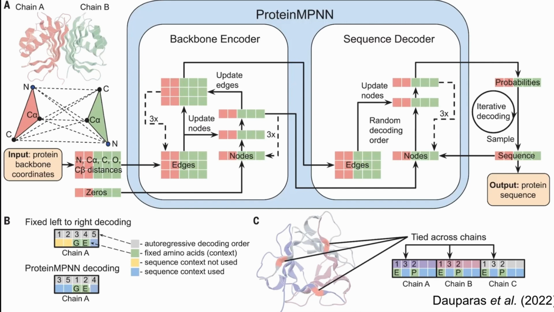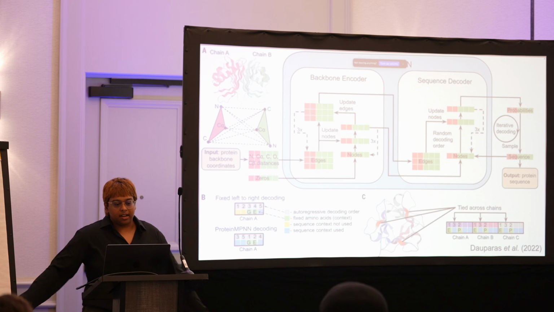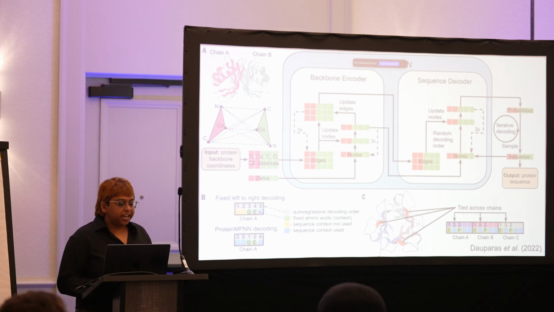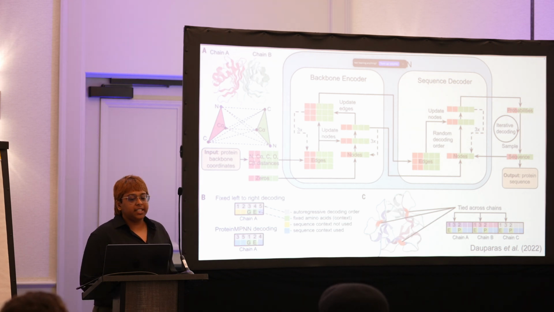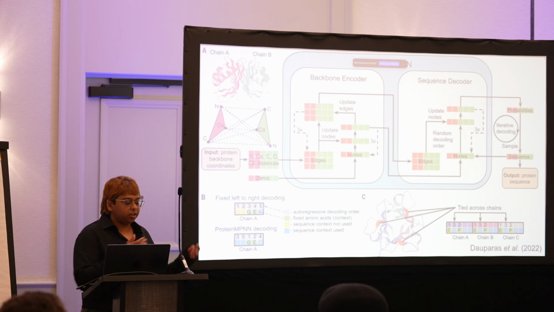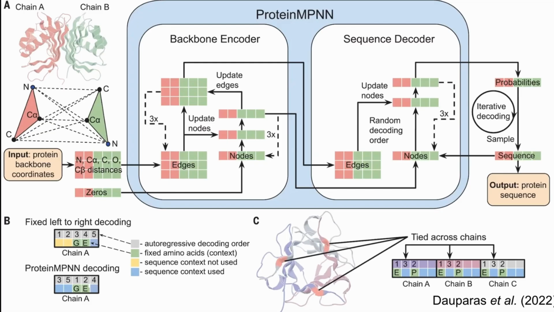And then there's a decoder that takes these embeddings and parses them until it can predict a probability distribution at each amino acid. The major change in ProteinMPNN from the previous model, which John Ingraham had developed in 2019, was that they changed this fixed left-to-right amino acid decoding to a random decoding.